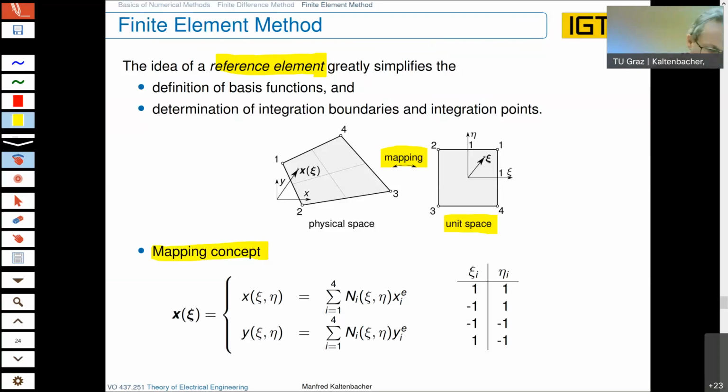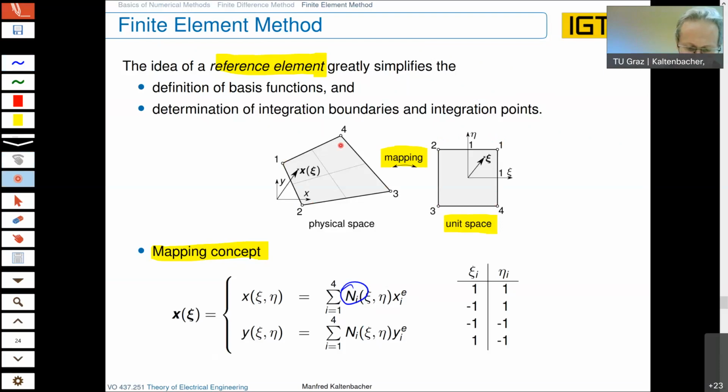So you see, I have again, now I just call it Ni. We have 4 nodes, therefore i is going from 1 to 4. The quadrilateral has 4 nodes, clearly also in the physical space. But they will be somewhere in the xy or xyz coordinate space in 3D.